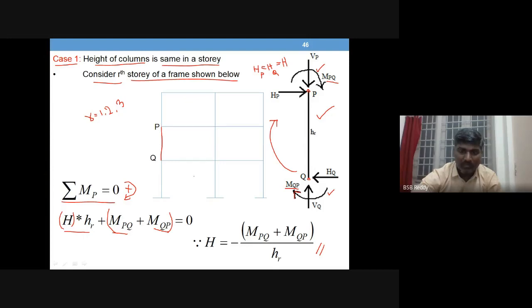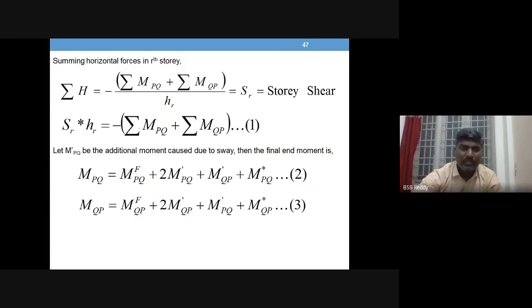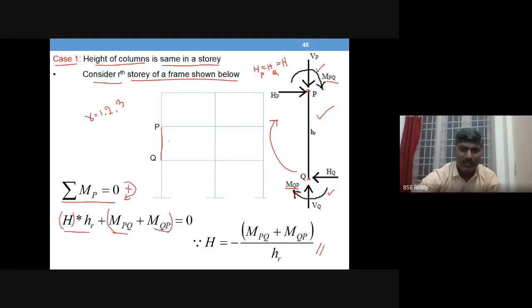for a particular column. So similarly, you take all columns in that particular story, summing horizontal forces in that particular story. So sum of all such columns. I have three columns here, this one and this one, this one. So adding those three horizontal forces, this is the horizontal force, I mean reaction or shear force found in column PQ.